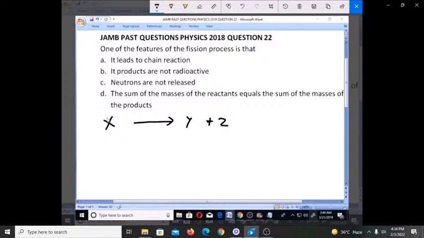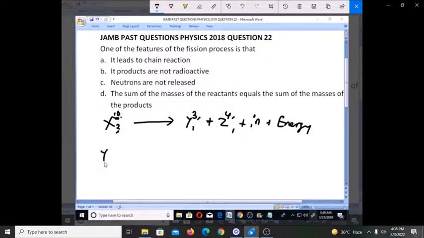So we have this big one, let's say having 10 and 2, disintegrating into the ones that have 3, 4, 1, 1, with the release of neutron and energy. So this is what we call a fission reaction. Once you have the atomic number and the mass number here bigger than the ones here, we call it fission.